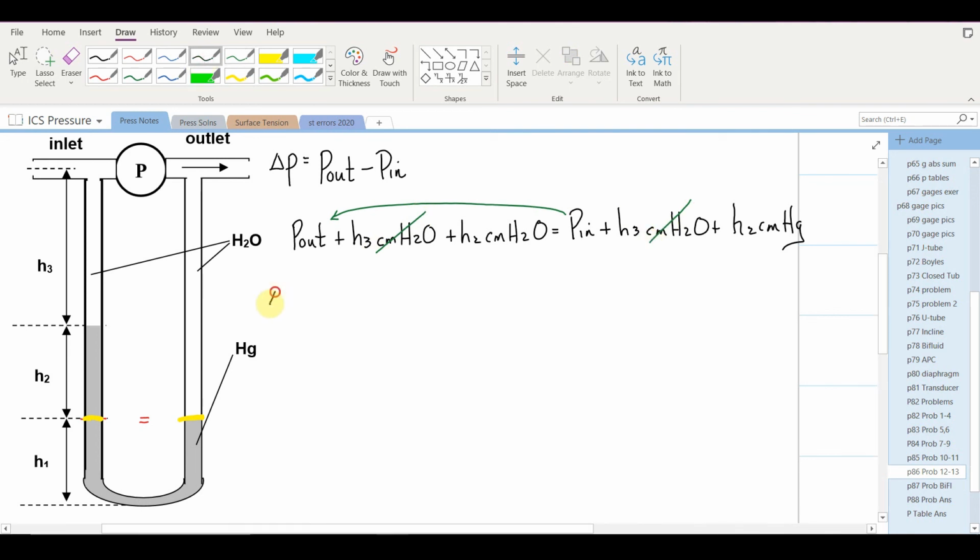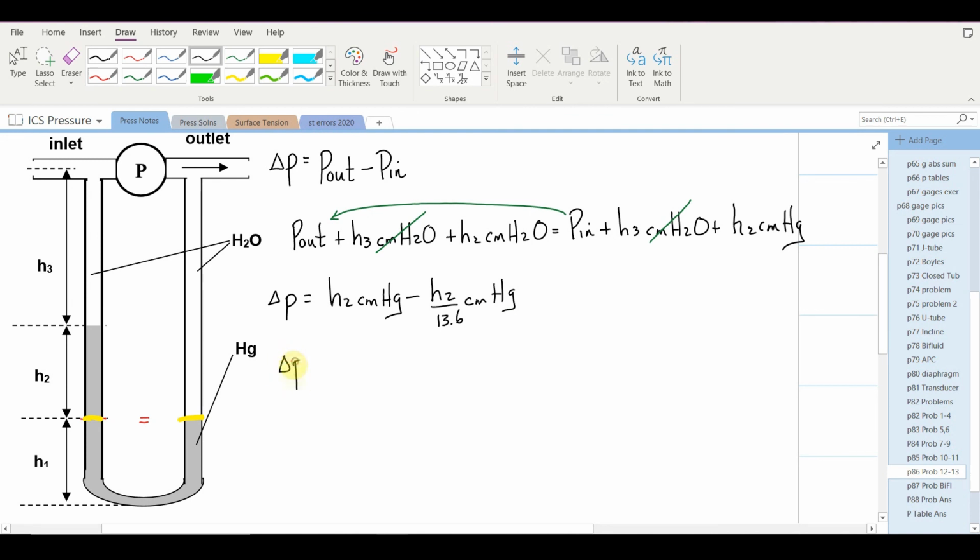So delta P will be equal to, on the right hand side, H2 centimeters of mercury, and then we'll bring H2 centimeters of water to the right. That'll be minus H2, but why not convert that to centimeters of mercury by dividing by 13.6? And now it's centimeters of mercury.